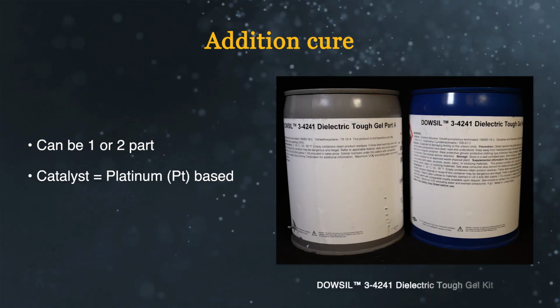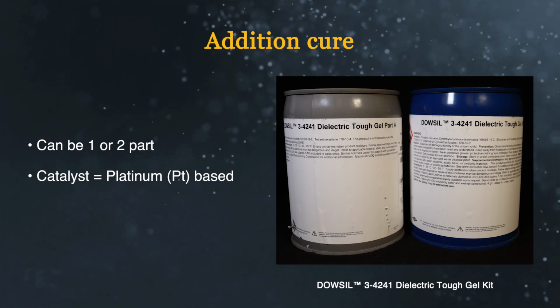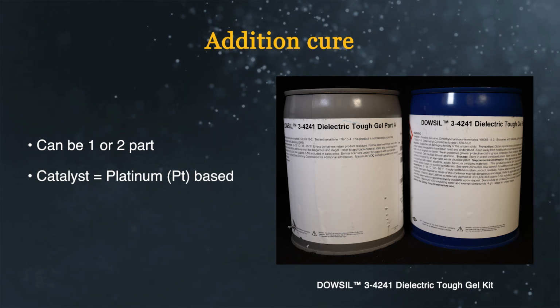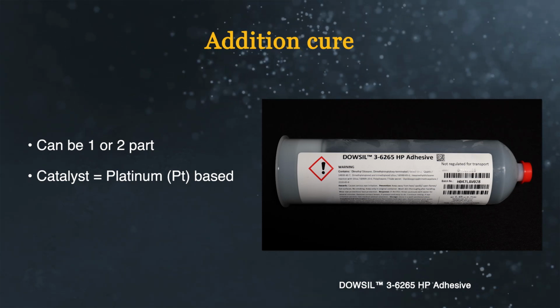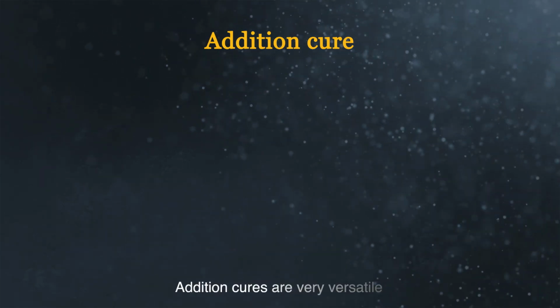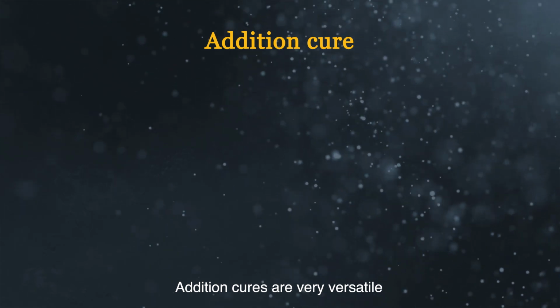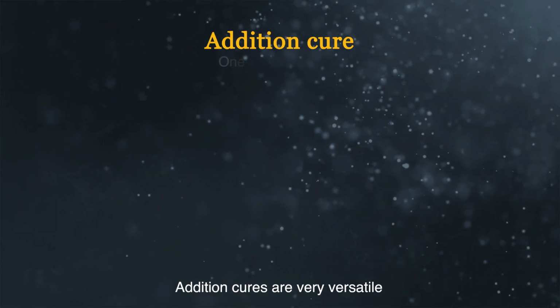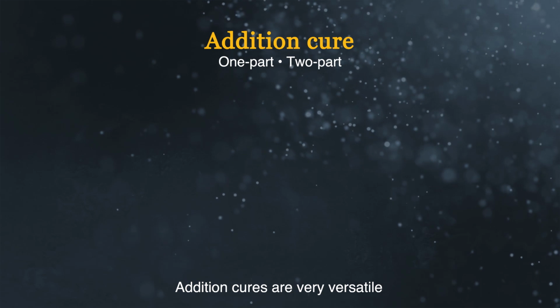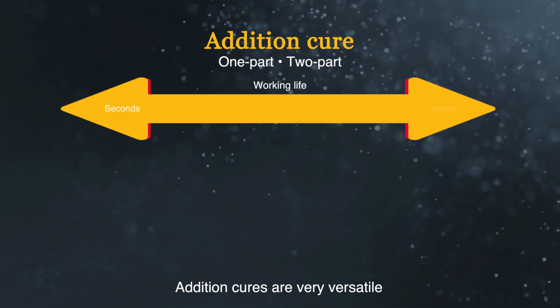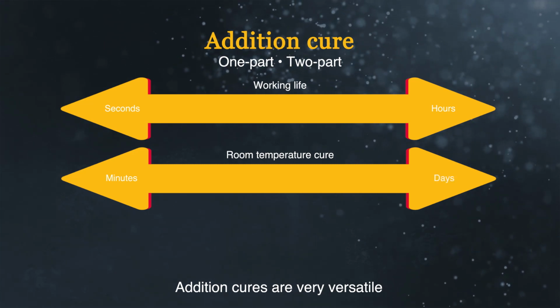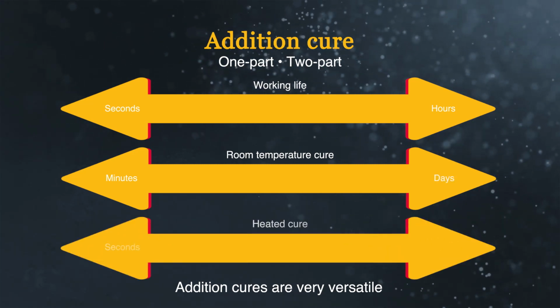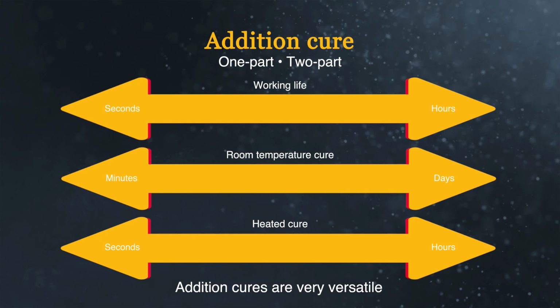Nearly all Dowsil encapsulants, gels, and conductive products used in electronics are addition cure, as are many adhesives and some conformal coatings. Addition cure is very versatile, with the ability to adjust many parameters by formulation, such as 1 or 2-part systems, very short or very long working life, room temperature cure time from 10 minutes to days, and heated cure times from seconds to hours.